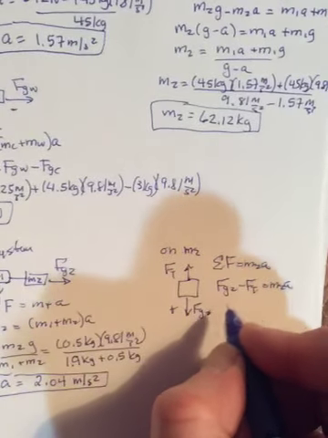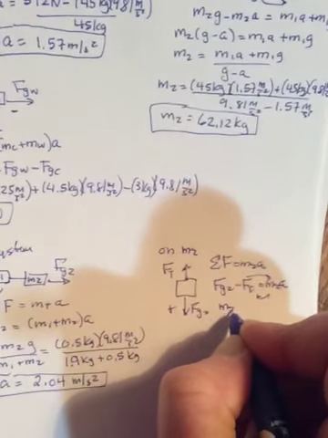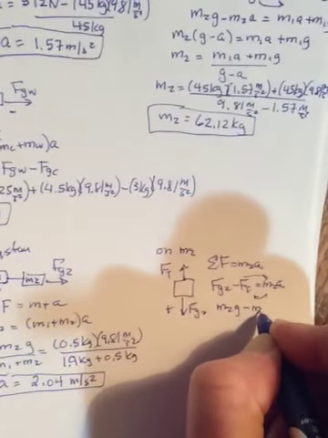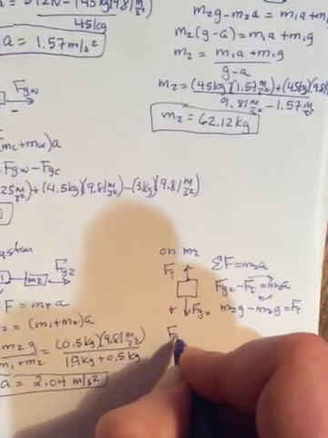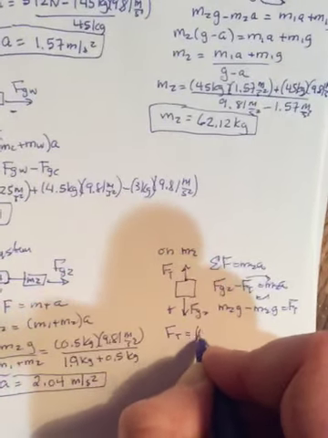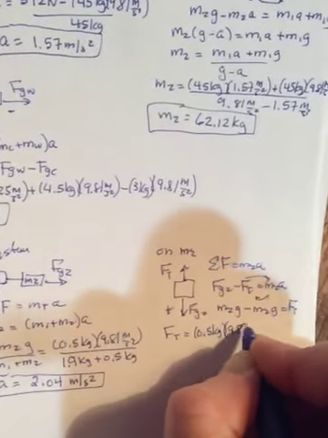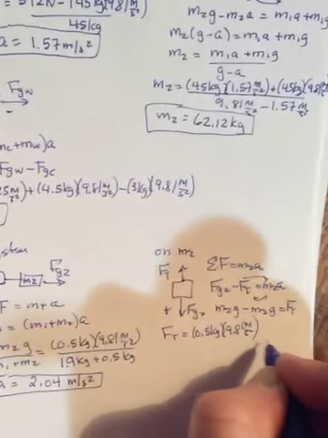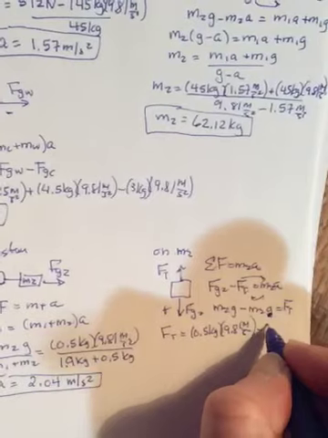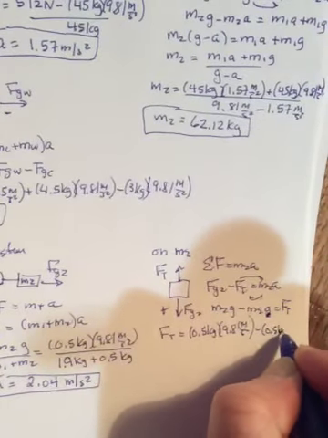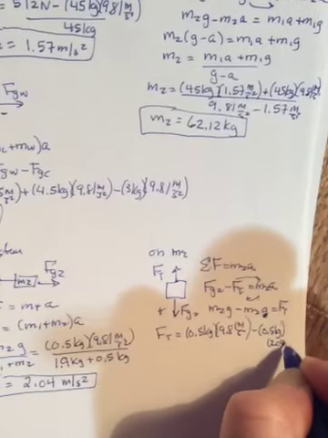And so you're looking for Ft, so take this over, bring this over. M2g minus M2a equals Ft. So Ft will equal M2 was 0.5 times 9.81 meters per second squared minus, oh, this one's A, it just looks like a G, minus 0.5 times the 2.04 you just found.